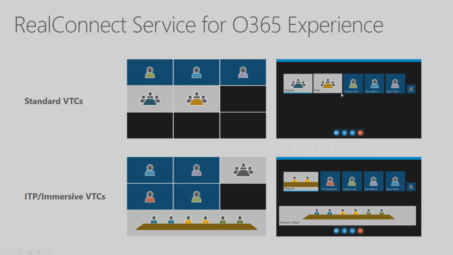And this is what the user sees on the side of a Skype for Business client. By the way, this is the desktop experience. You saw the Mac has gone to bigger video, and of course the room systems that we are introducing with the next generation Skype room systems have that same larger layout. But in the traditional PC desktop client of Skype for Business, you see that every room appears here as an individual video endpoint in the meeting.